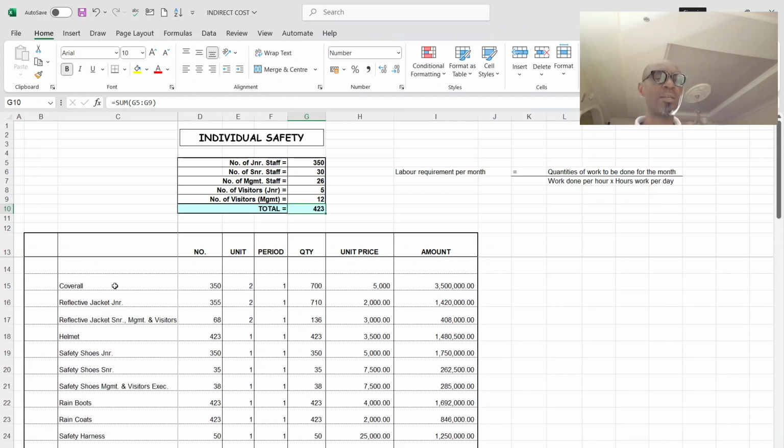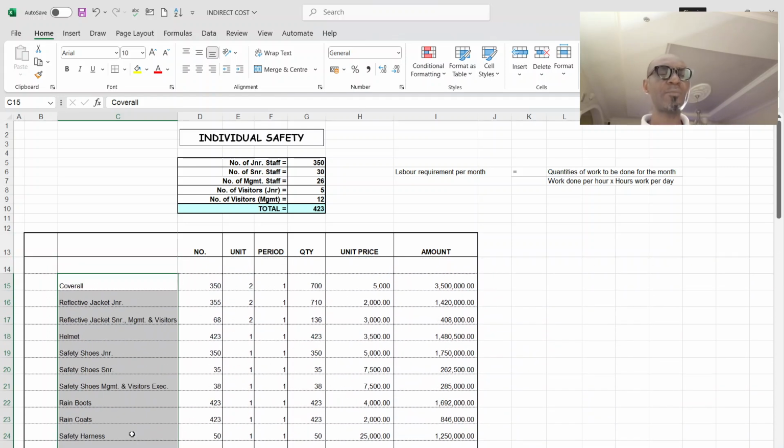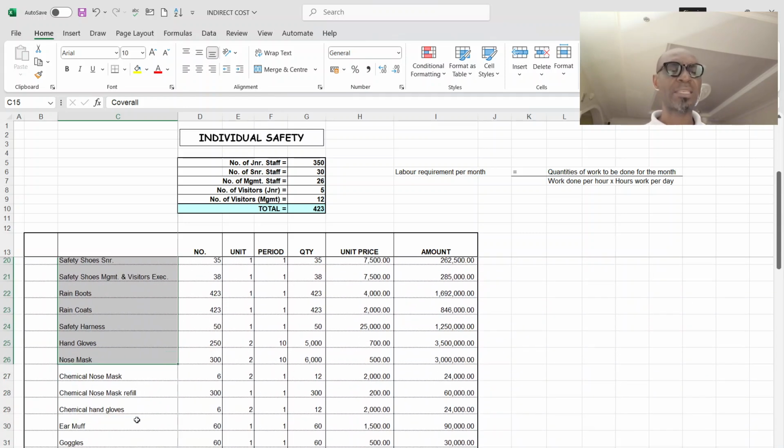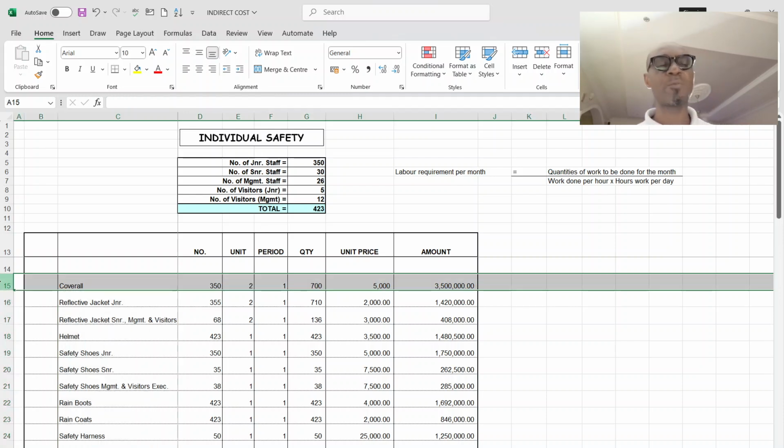Then the list here are the basic safety protective gears that are needed for a site. And now we are dealing with the individual safeties. As you can see, I have coverall. Overalls are meant for those workers directly involved in the activities on site, say the masons, the carpenters, the iron benders, and all.